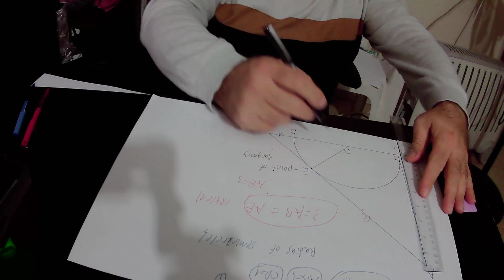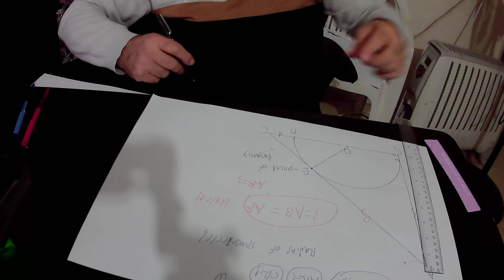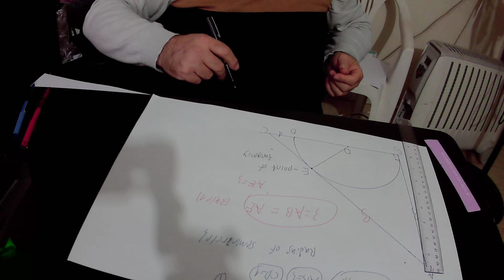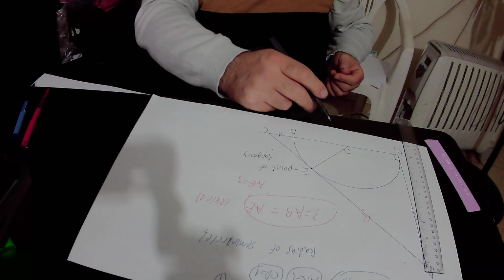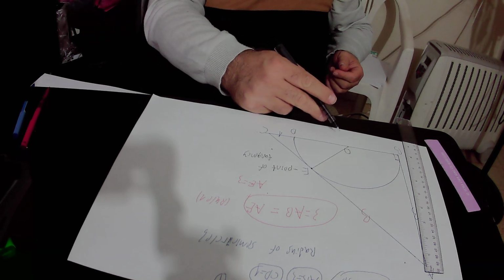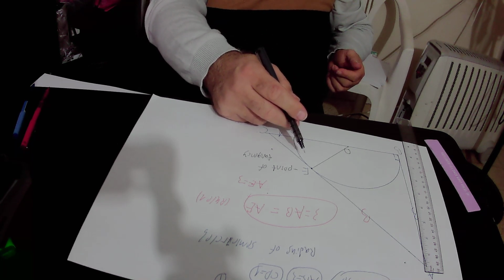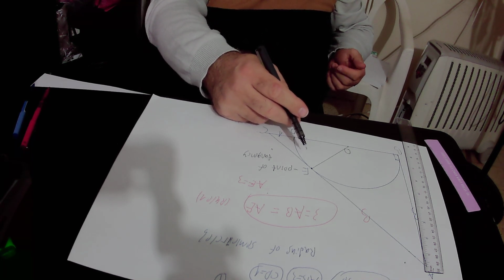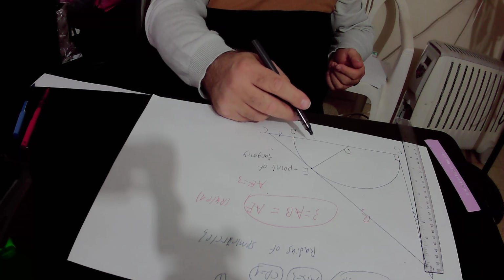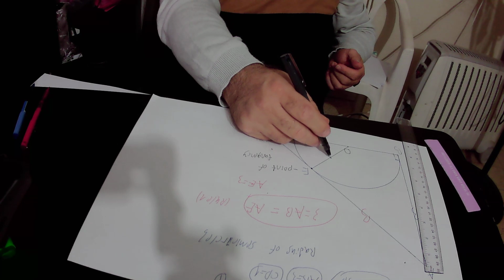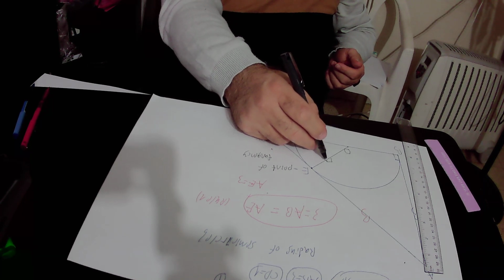Actually, line segment OE is the radius of this semicircle because line segment OE starts from point O, that is the center of this semicircle, and ends at point E, that is a point on the semicircle itself. Therefore, it is the radius of this semicircle, so we will define it as R, radius of the semicircle.